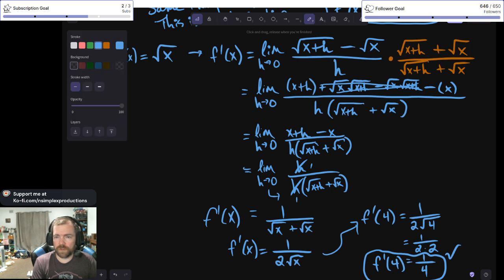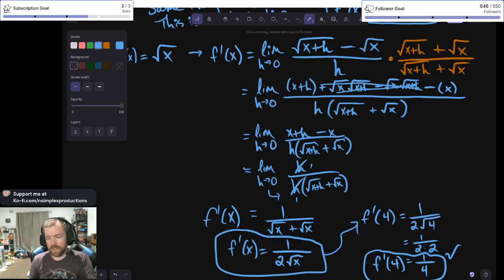And we showed that generally speaking, the slope at any particular point along our square root function is going to be 1 over twice the square root of x. So that's just 1 over twice the original function value. Well, that's kind of interesting.